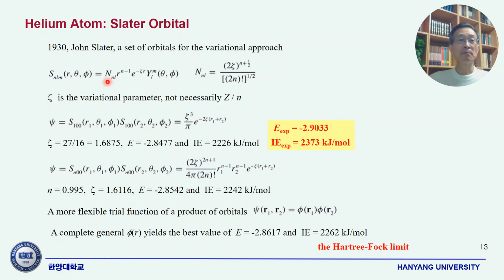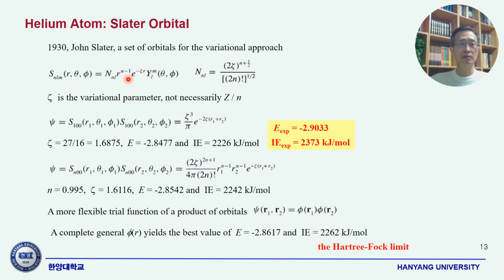Okay, so there is another approach to obtain this. This is the experimental value. Slater devised an orbital, the Slater orbital, in 1930, as a function of r, theta, phi, just a regular function, and that has a normalization factor and spherical harmonic, but only r to the n minus 1 power and an exponential.